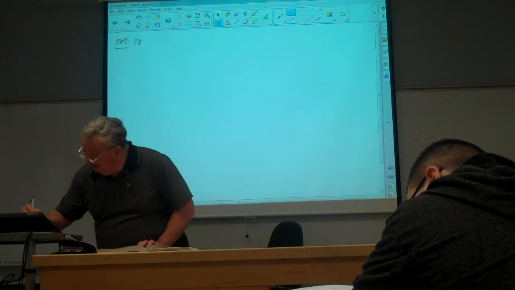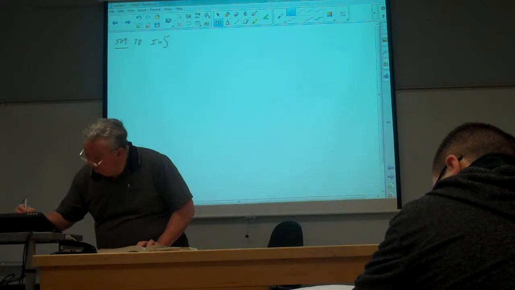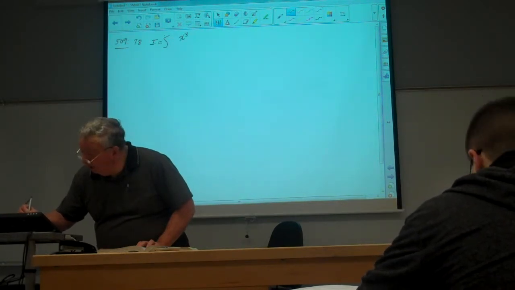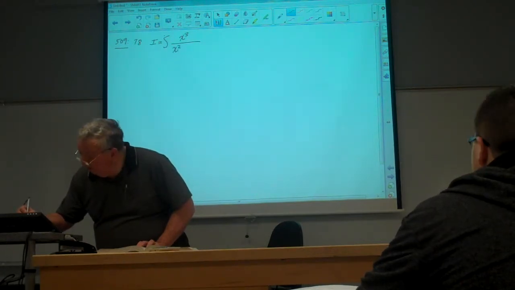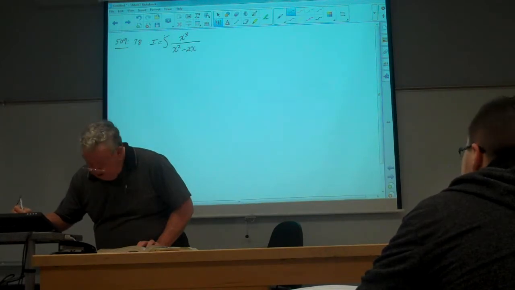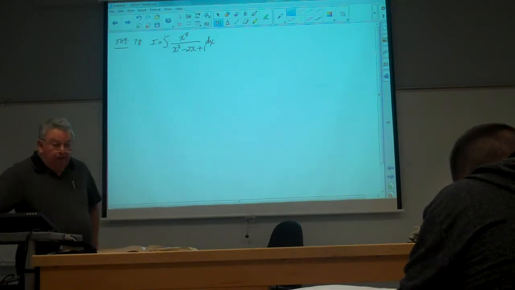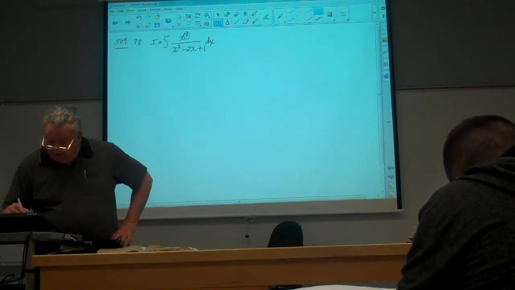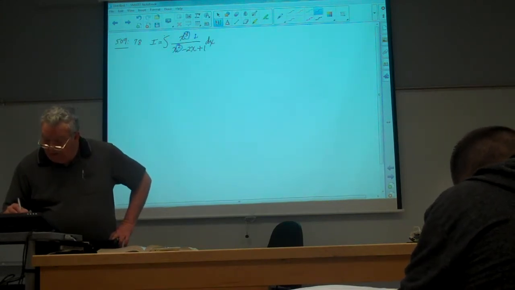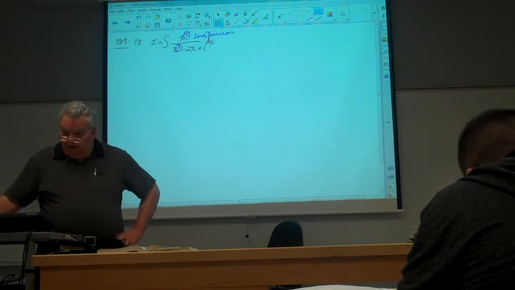And that is I is equal to the integral of x cubed over x squared minus 2x plus 1 dx. Does everybody agree by our rule that's a candidate for long division? The 3 is higher than the 2, right?